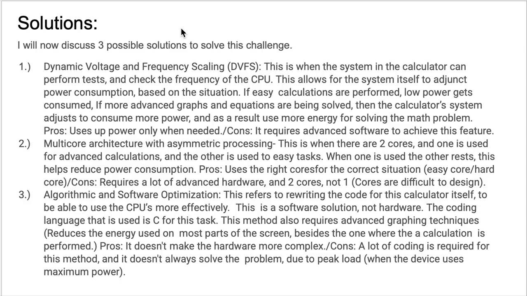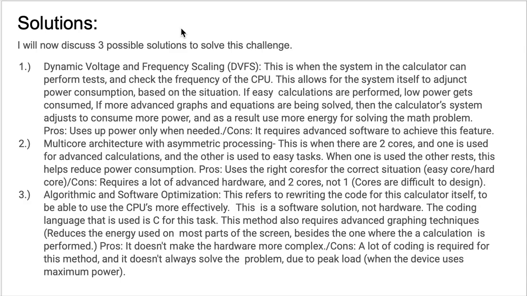When there's an easy task, the calculator adjusts the CPU's frequency to be lower, and therefore less power gets consumed, and vice versa. You get the point there.